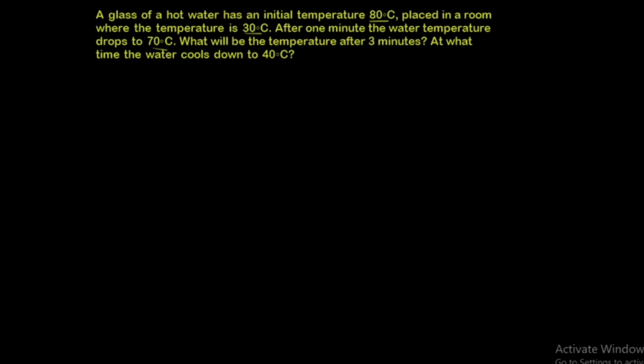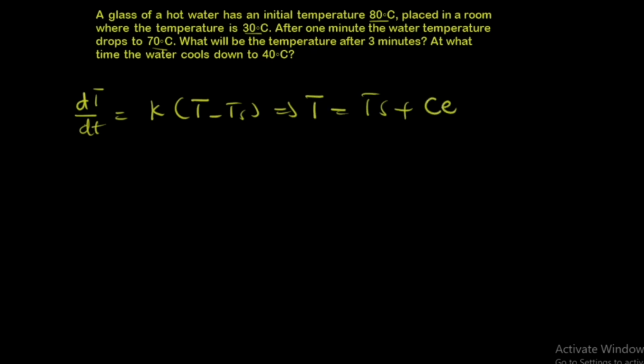For this question, we have to use Newton's law of cooling, which is given by the formula dT over dt is equal to K(T minus Ts). When you use differential equation to reduce it, you get T is equal to Ts plus C e to the Kt. We also have the initial condition, which is T naught is equal to 80 degrees.